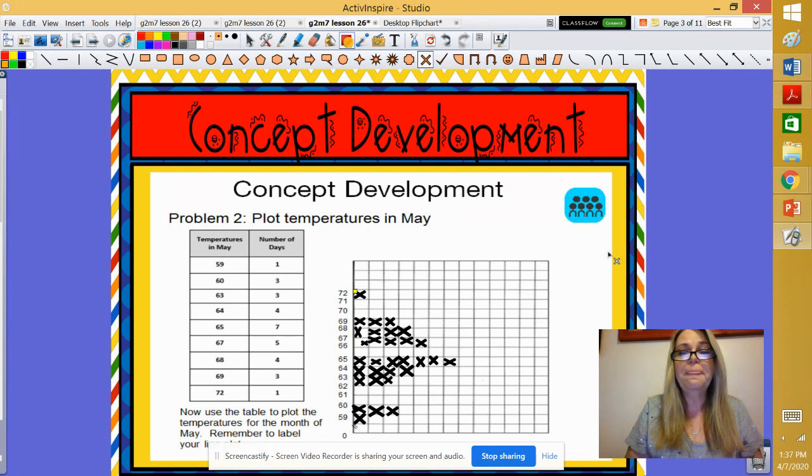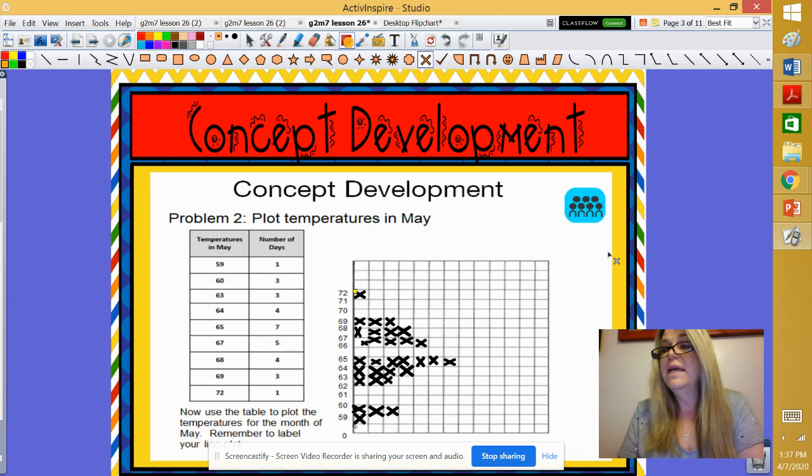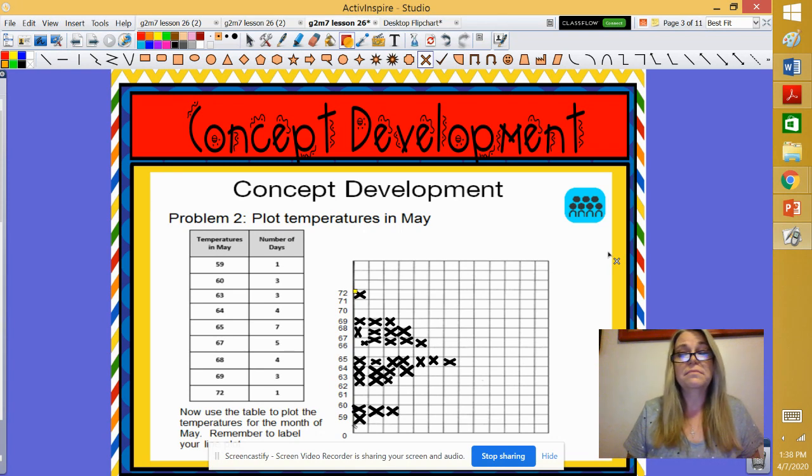Now, we can use this table to plot the temperatures. That's what we just did. Now we can use this information to answer some questions. Looking at our chart, can we make any observations from our chart? Can we tell which temperature occurred the most often looking at our chart? Well, if we look at our chart, we can see which one came out the furthest, right?